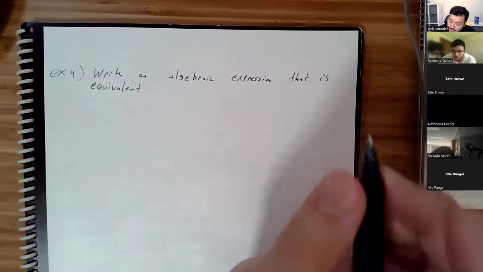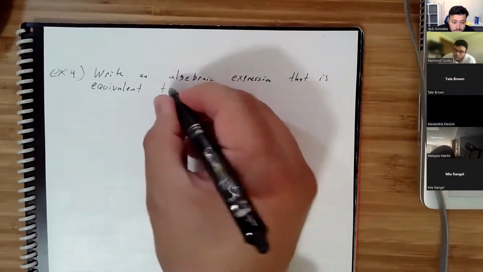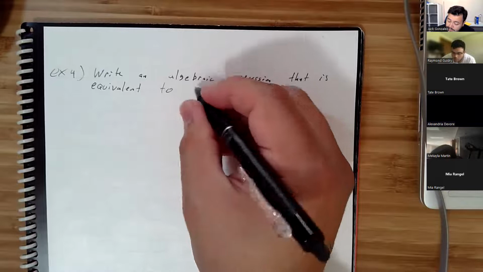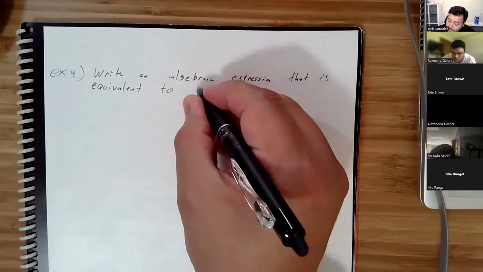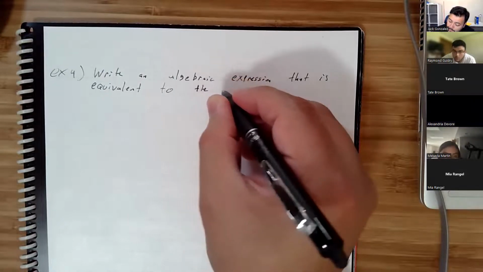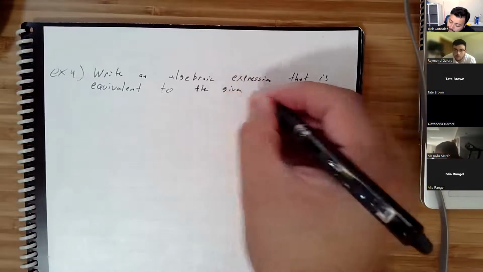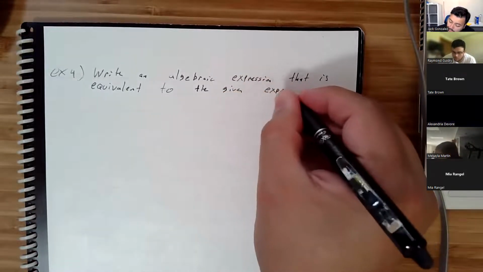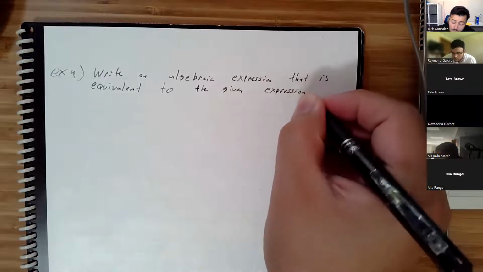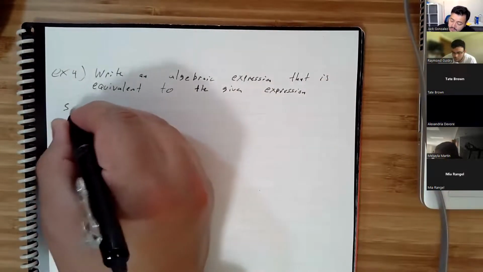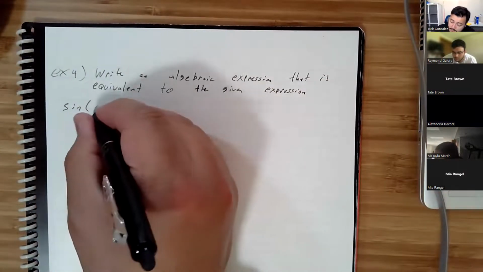So write an algebraic expression that is equivalent to the given expression. Sine of arctan.